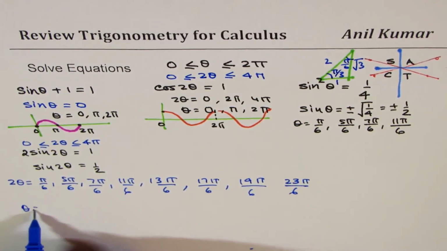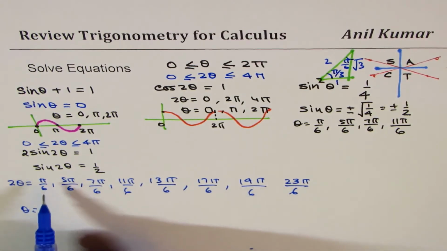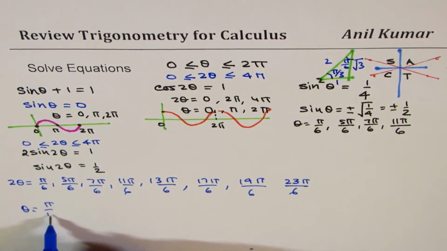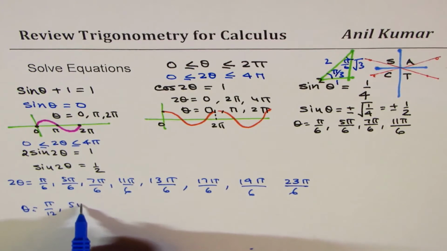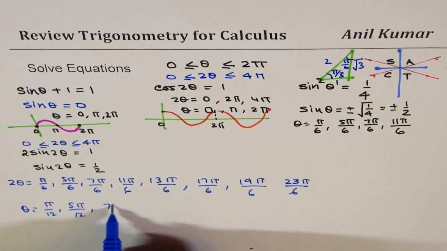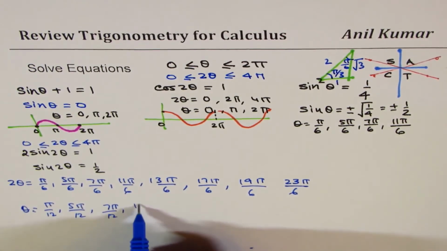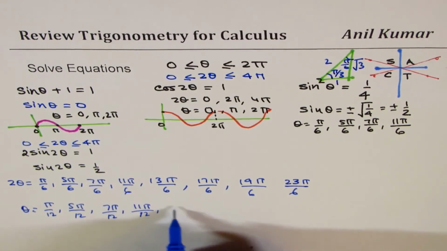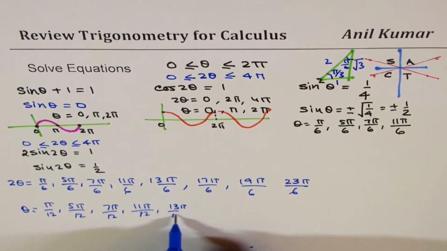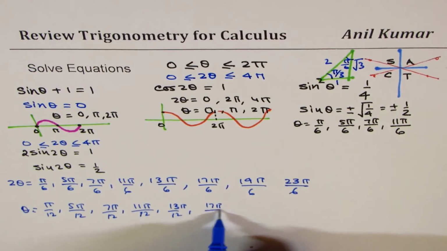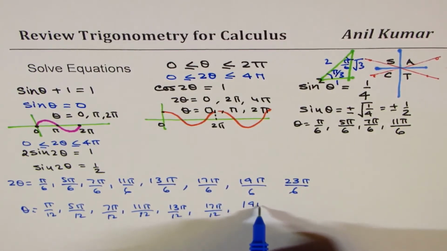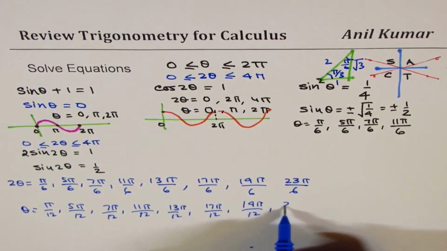Now theta is going to be half of these. So if you do half, you get pi by 12, 5 pi by 12, 7 pi by 12, 11 pi by 12, 13 pi by 12, 17 pi by 12, 19 pi by 12, and 23 pi by 12.